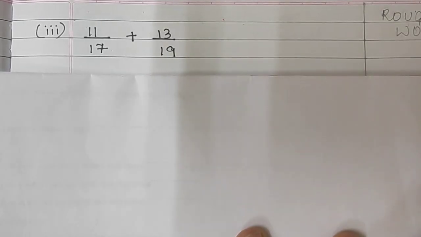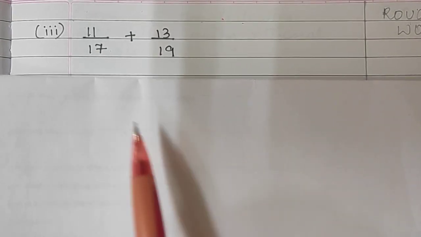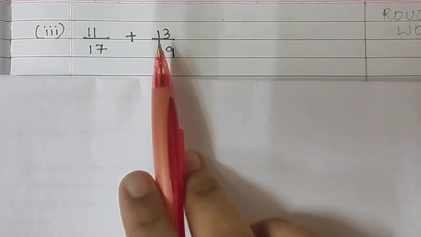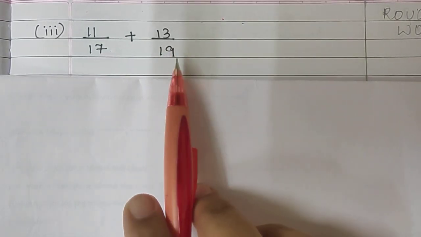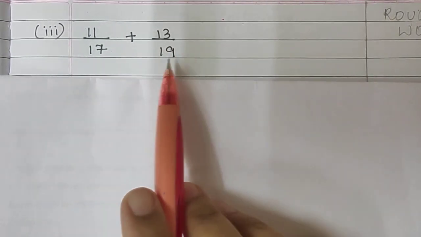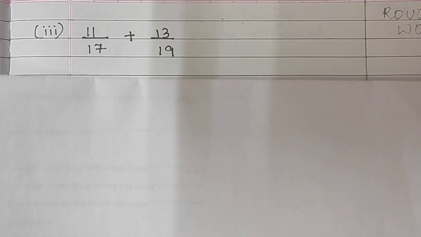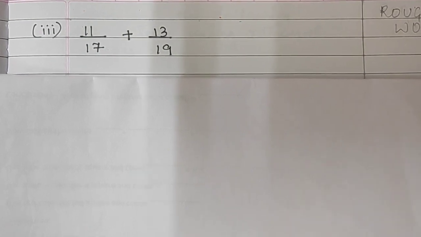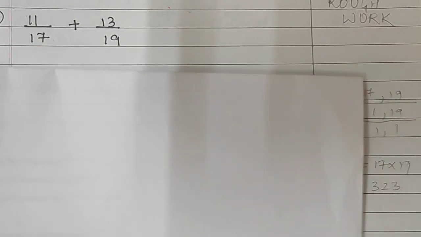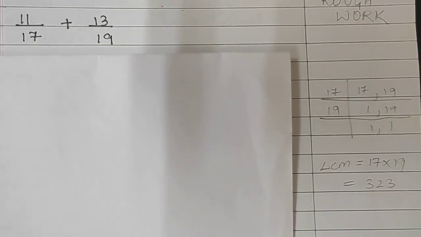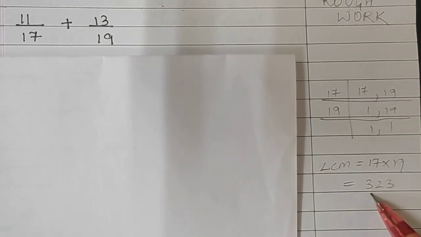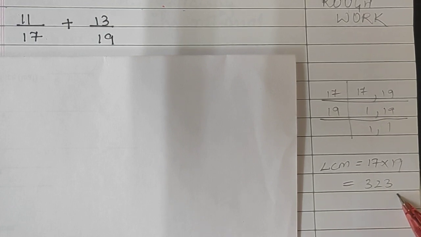Moving forward to sum number 3, 11 upon 17 plus 13 upon 19. Now here 17 and 19 both are prime numbers. So when we find the LCM, it will be the multiplication of both the numbers. As you can see here, the LCM will be 323.